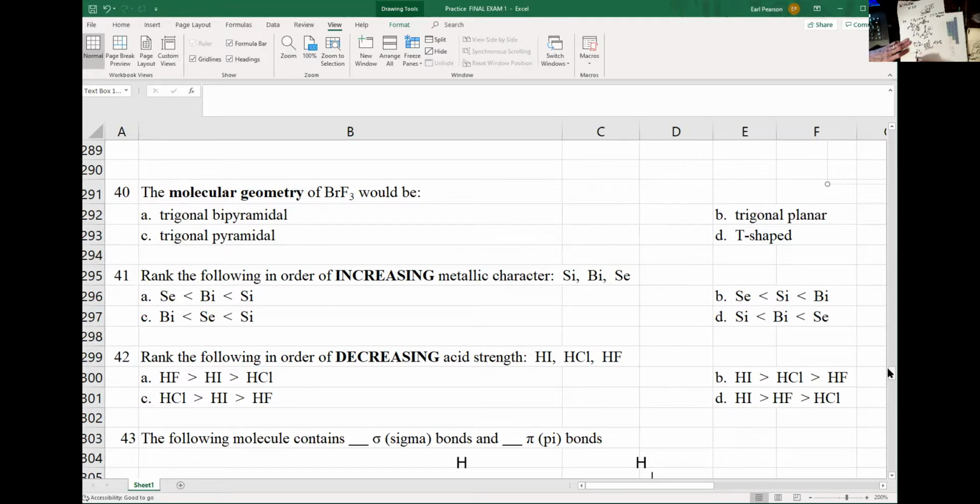The fluorines belong to the other positions. And now leaving off the lone pairs, the shape of the molecule is the T shape. So it's a T-shaped molecule. And that is response D.